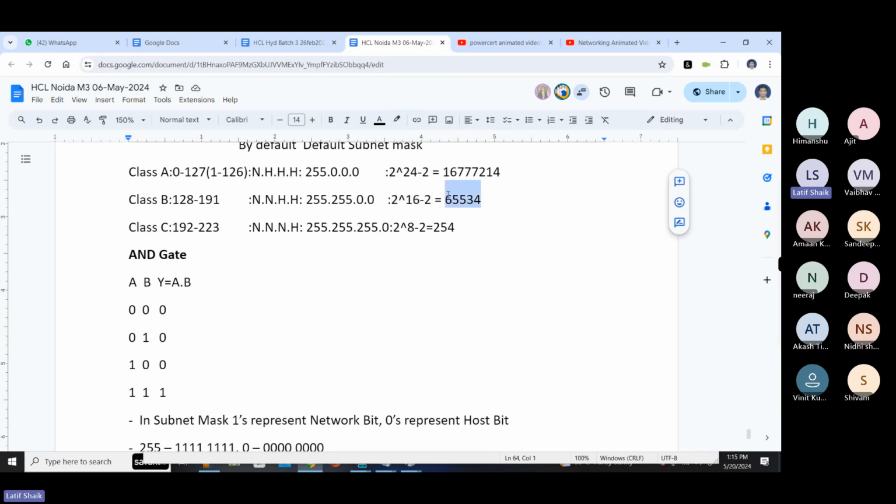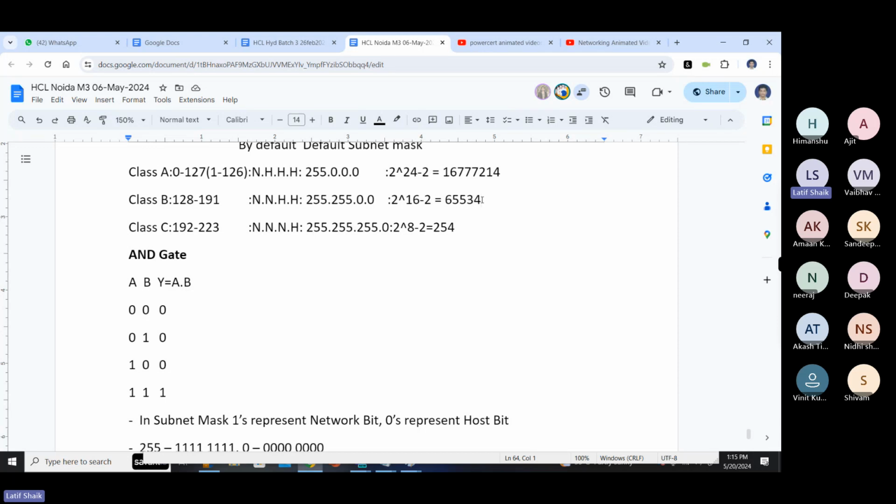The total is 65,534 valid host IP addresses you are getting. It is a very big network. 65,534 devices can be connected in a single class B network.